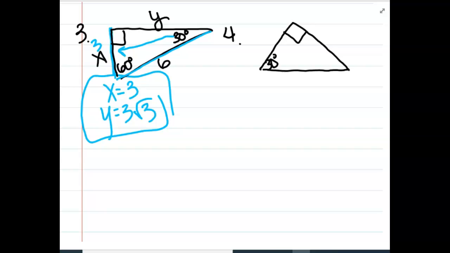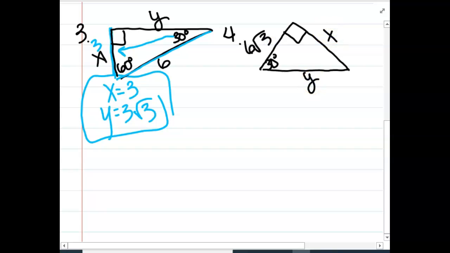Yeah, because if this is 30 plus 90, the other one would have to be 60, okay? So in this case, we are going to have this side be 6 square roots of 3, this side be X, and this side be Y.